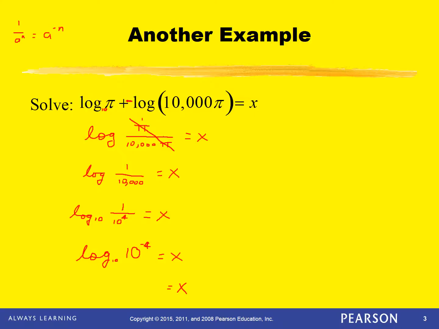Remember, the logarithm is a power. The logarithm is an exponent: the exponent to which you raise the base in order to get the argument. Well, what power is it to which you raise 10 in order to get 10 to the minus 4? Obviously that's negative 4.